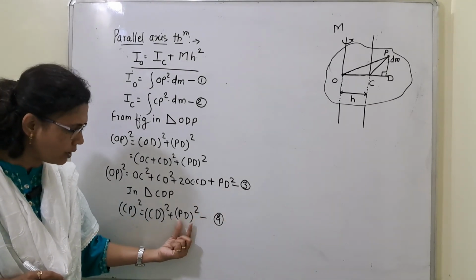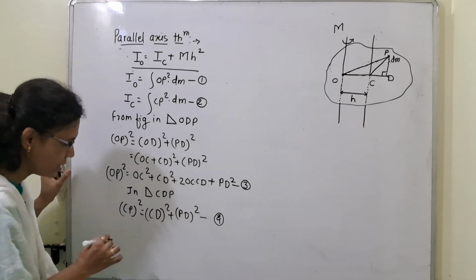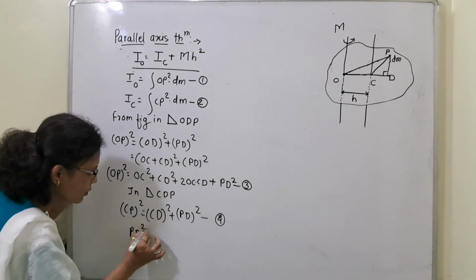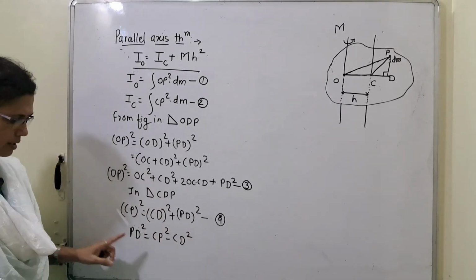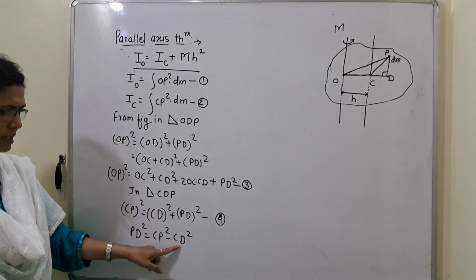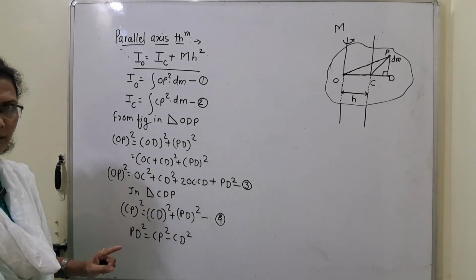If I put the value of PD square from equation number 4, what can I write? See, PD square is equal to what? CP square minus CD square. So, take this value and put it in equation number 3.